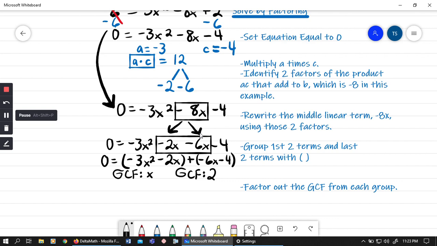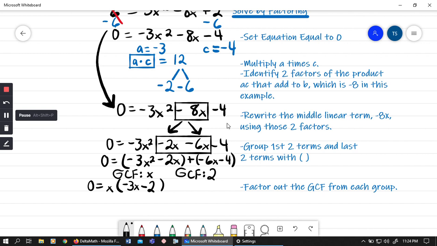When we factor out the x from the first group, there'll be a negative 3x left over from the first term, and from the second term, a minus 2 left over.